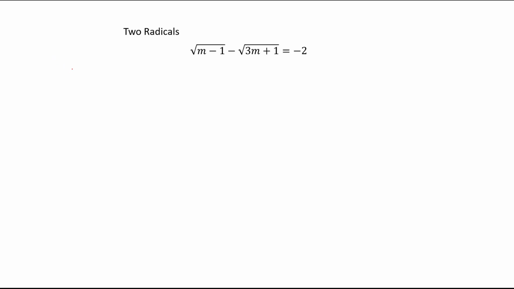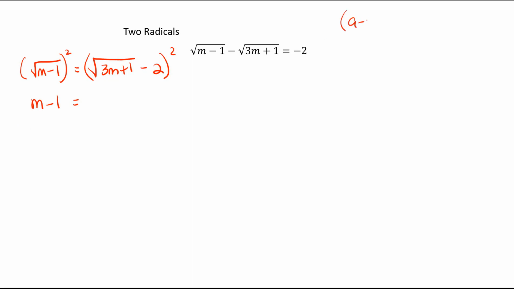So first I'll isolate the square root of m minus 1, so I will have the square root of m minus 1 equals the square root of 3m plus 1 minus 2. And so now I'll square both sides. So when I square the left side, the radical goes away, and I have m minus 1. When I square the right side, remember, a minus b, quantity squared, is equal to a squared minus 2ab plus b squared.